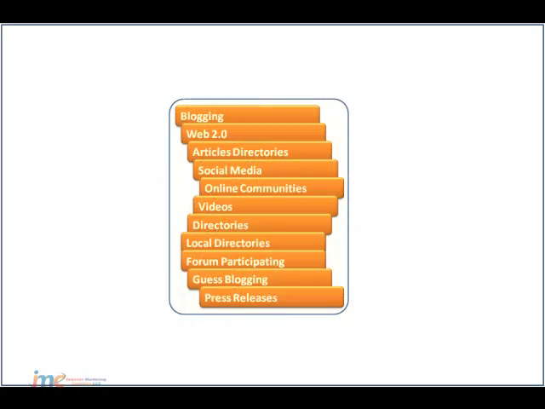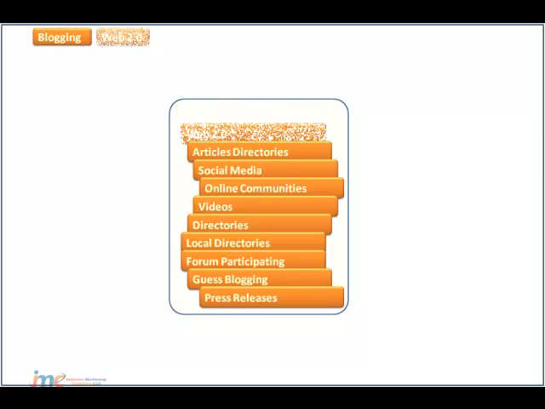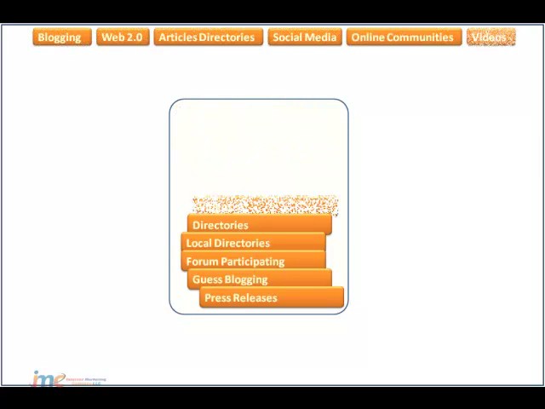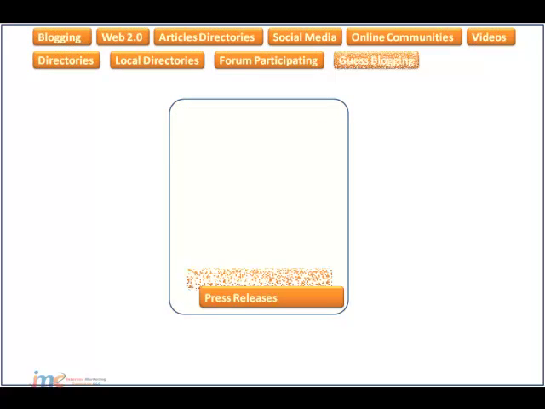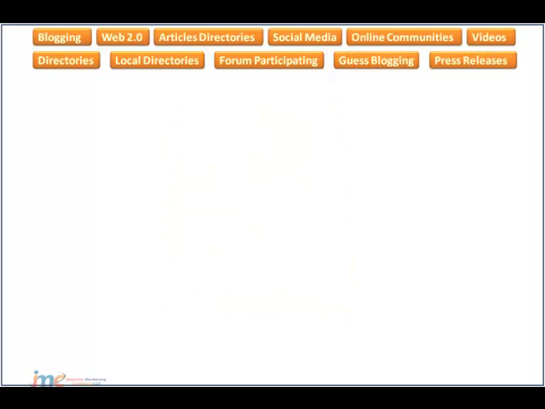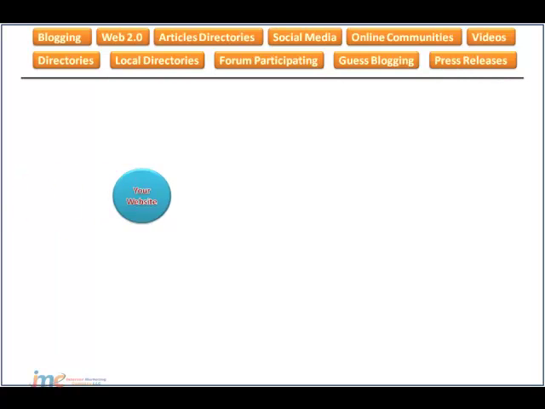We take all the off-page elements. Again, it's blogging, Web 2.0, article directories, social media, online communities, videos, directories, local directories, forum participation, guest blogging, and press releases. And we implement all this into your website.